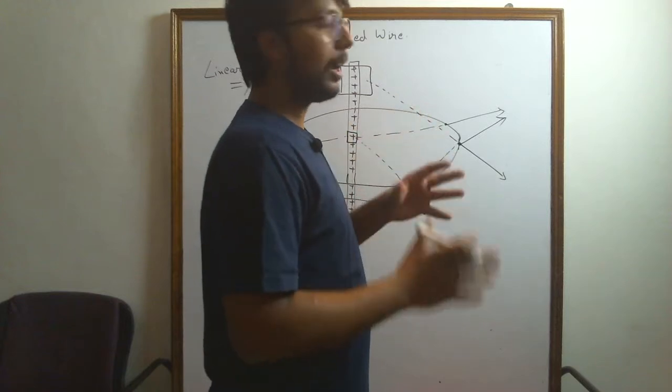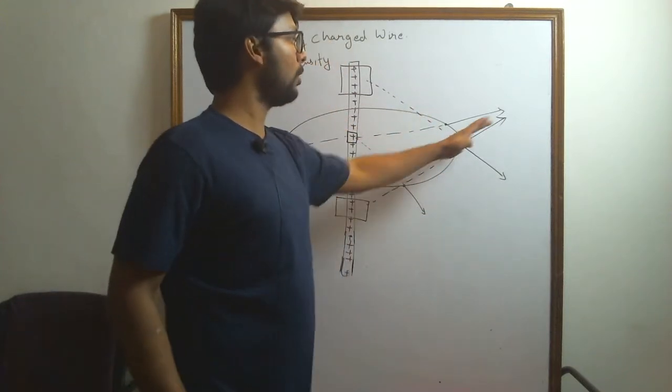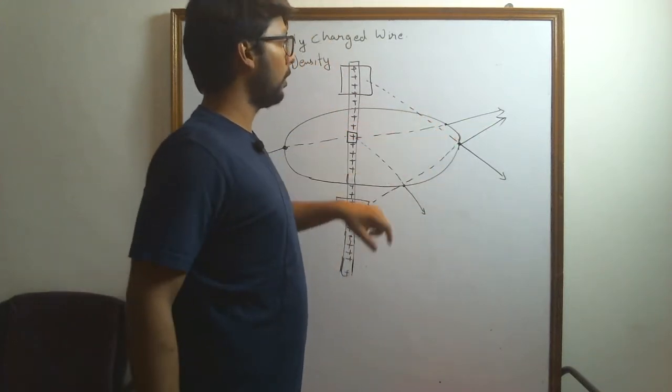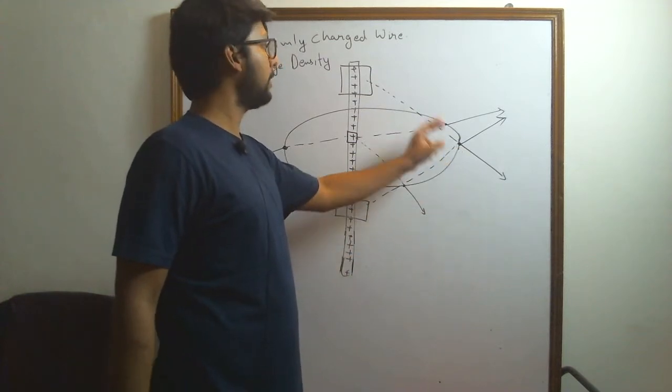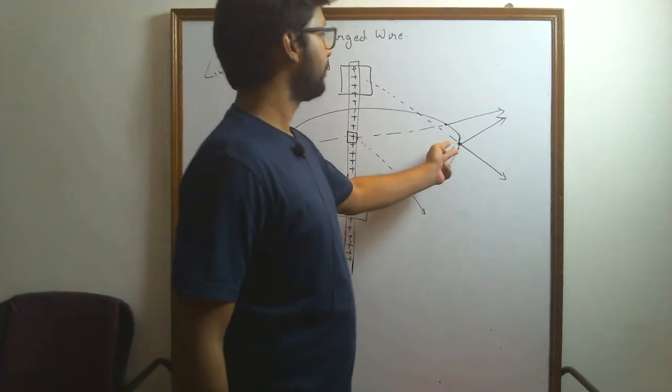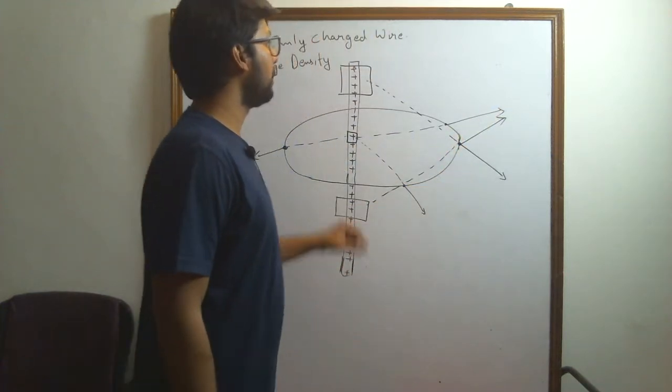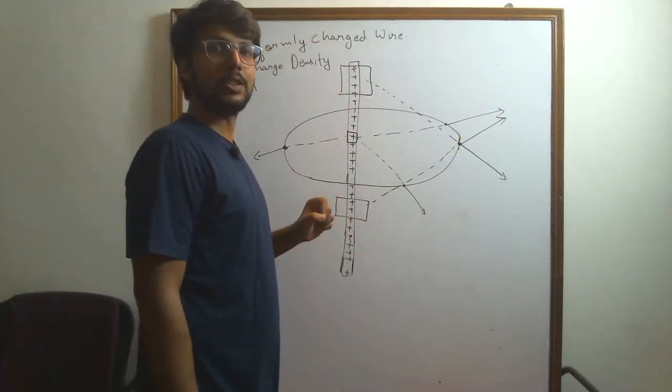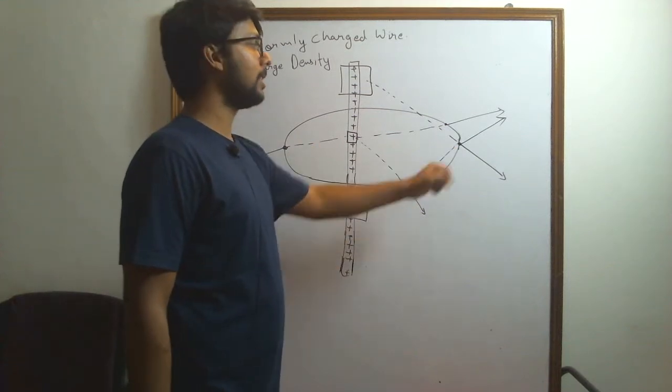Both of them are at the same distance. That means the distance of this point from both of these parts is equal, and so the force applied by both of these parts and sections is equal at this point.